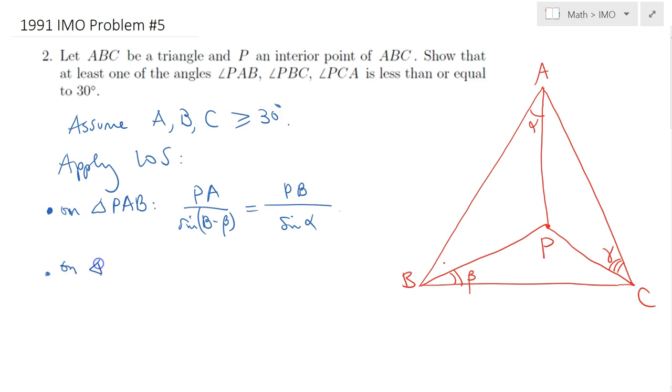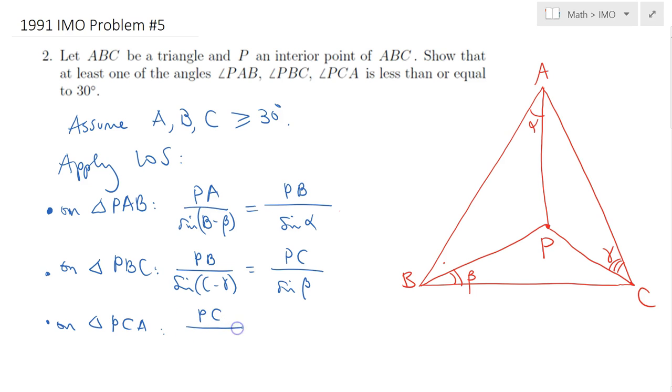And when we apply it on triangle PBC, we get that PB over sine of C minus gamma, opposite PB, is equal to PC over sine beta. And finally, applying it on triangle PCA, one would get PC over sine of A minus alpha, opposite PC, and that's equal to PA over sine gamma.